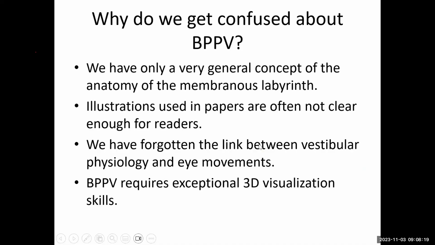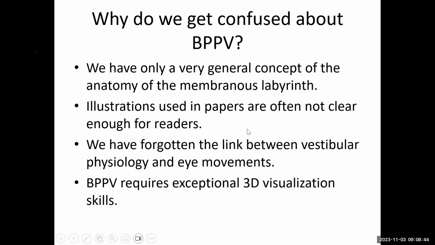We do get confused about BPPV, even though we feel like we know something when we see a patient with geotropic rotatory nystagmus in the usual Hallpike position. And that is because once we get outside of that level of experience, we start to realize that we don't have as clear a knowledge of the anatomy of the membranous labyrinth as we thought.